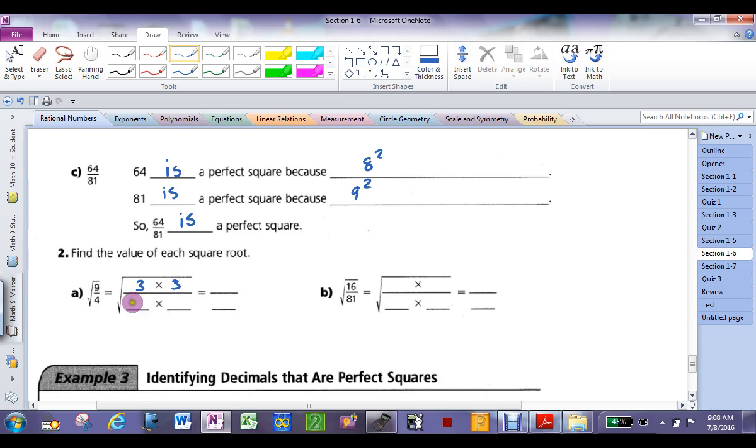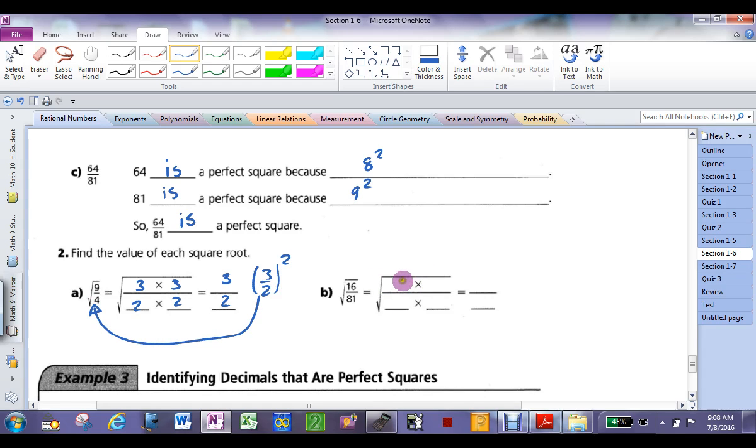Square root of 4 is 2 times 2. So what number goes here? I want the square root. So the roots are the factors. What are the numbers? 3 and 2. Yeah, because 3 over 2 squared is 9/4. Cool?